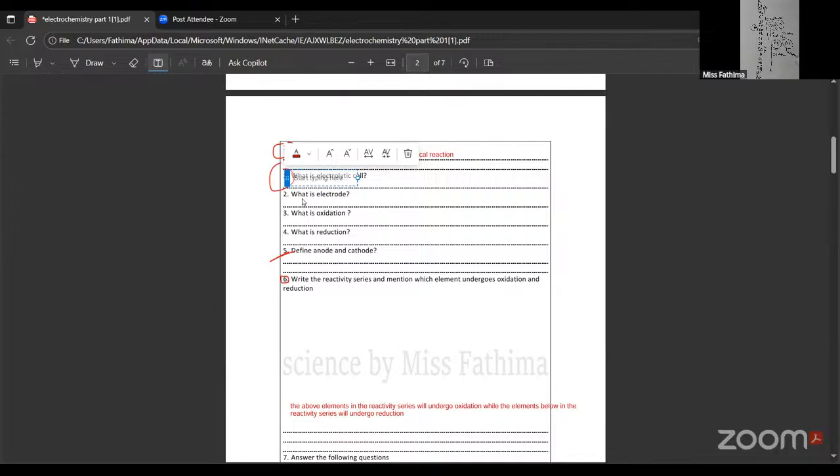The metal that is dipped into the electrolyte. If you want, let me write that. The metal that is dipped into the electrolyte.